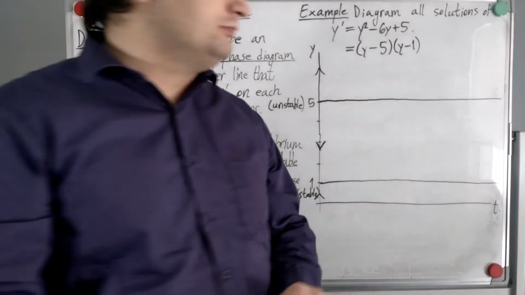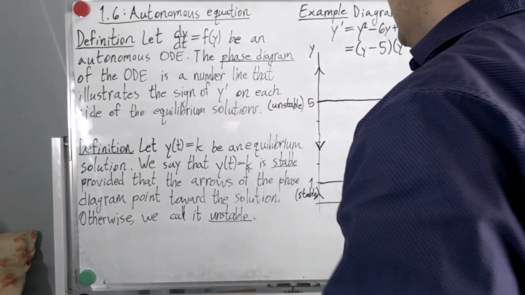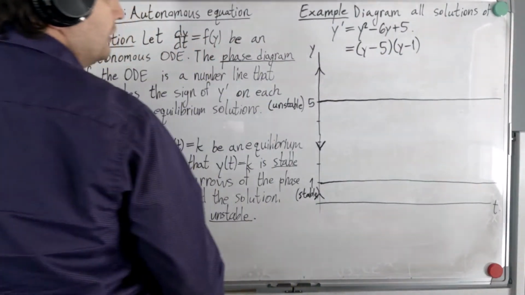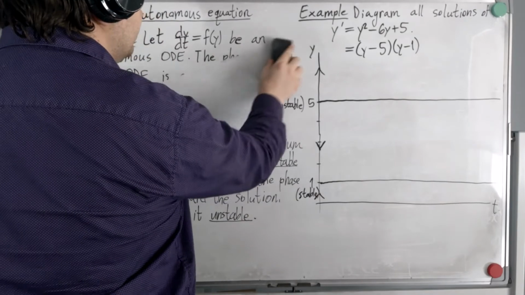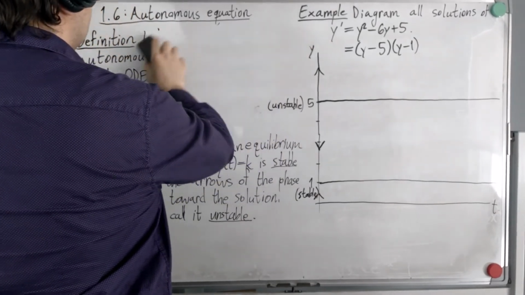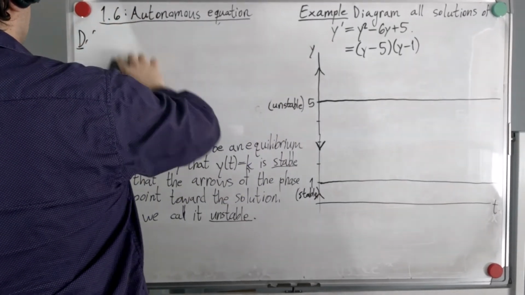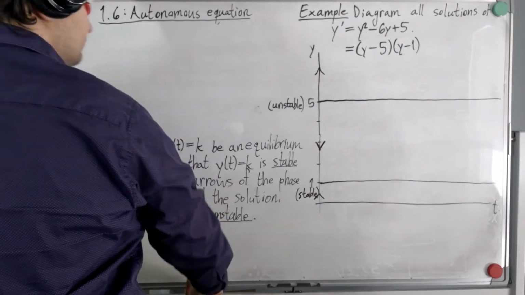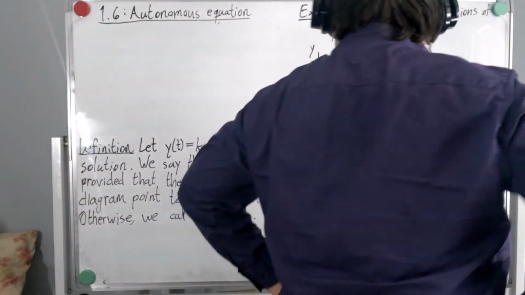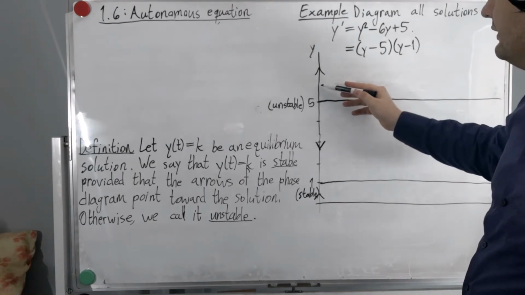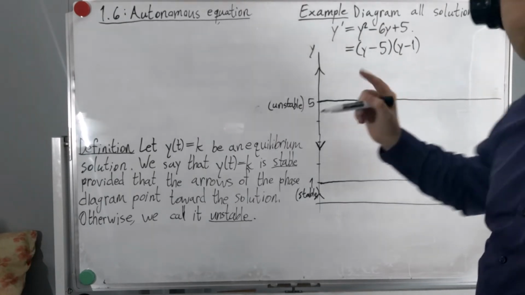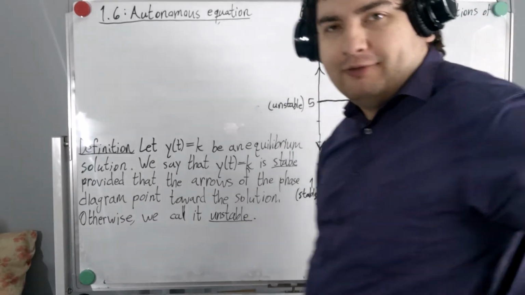Okay, so at this point, we are pretty much ready to draw all of the solution curves. There's just one more thing that we need to be concerned about. One thing I forgot.